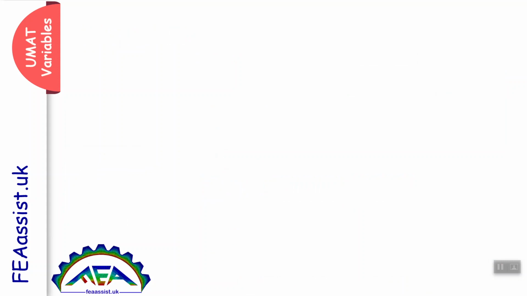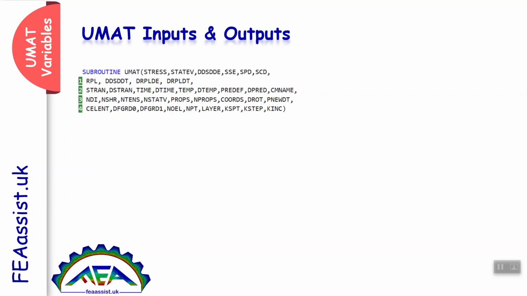The next important thing about any subroutine, especially UMAT, is UMAT inputs and outputs. UMAT is a machine: it accepts some inputs, processes the inputs, and exports the results as outputs. UMAT has some variables: stress, strain, DDSDDE, and some of the variables you can see here.